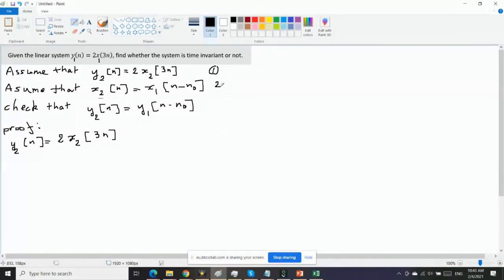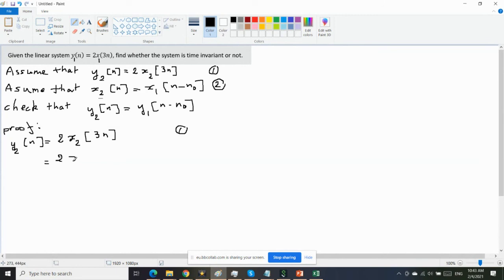I have equation 2 that lets me convert x2 to x1 with n0 in it. So let's do that. This first step used 1, and now we're going to use 2.